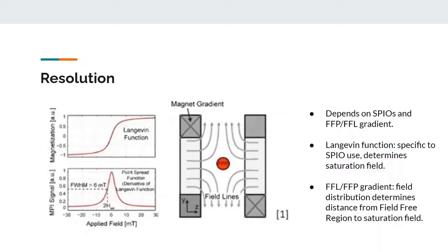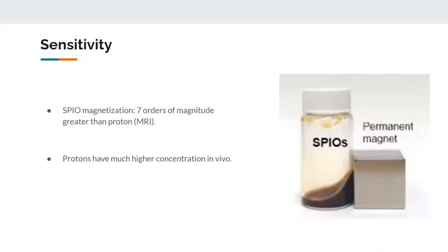The field-free line or field-free point gradient is the distribution that determines the distance from the field-free region in which you get saturation of the particles. So you can see how combining these two things will lead to the resolution.